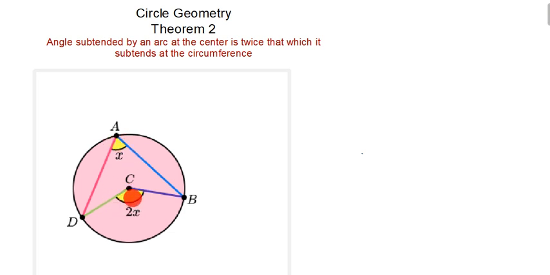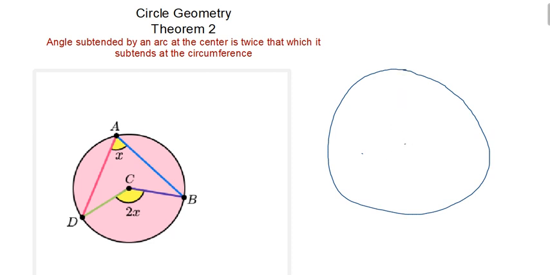Now this angle and this angle are related, and that is what this theorem is talking about. Angle at the center is twice angle at the circumference. The relationship between them is that to get the angle at the center, you multiply the angle at the circumference by what? By 2.